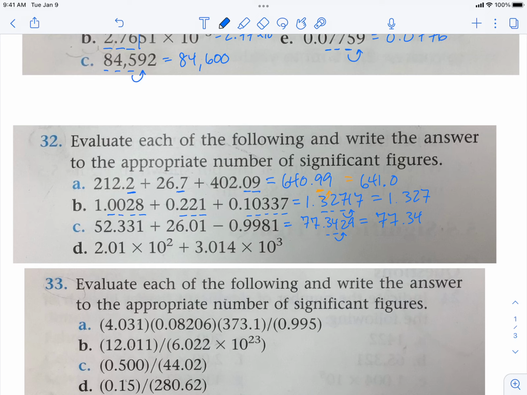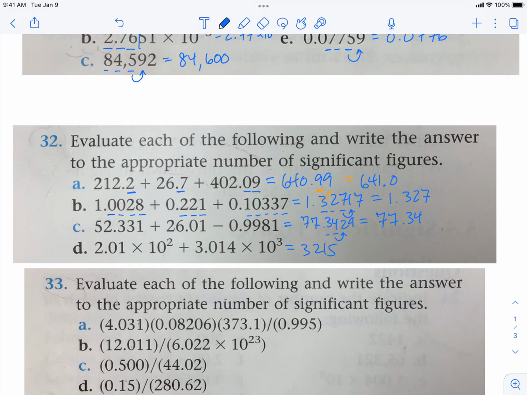For our next one, leave these numbers in scientific notation. So 2.01 times 10 to the second plus 3.041 times 10 to the third. And my calculator actually put this into regular numbers for me, which is kind of weird. 3215.